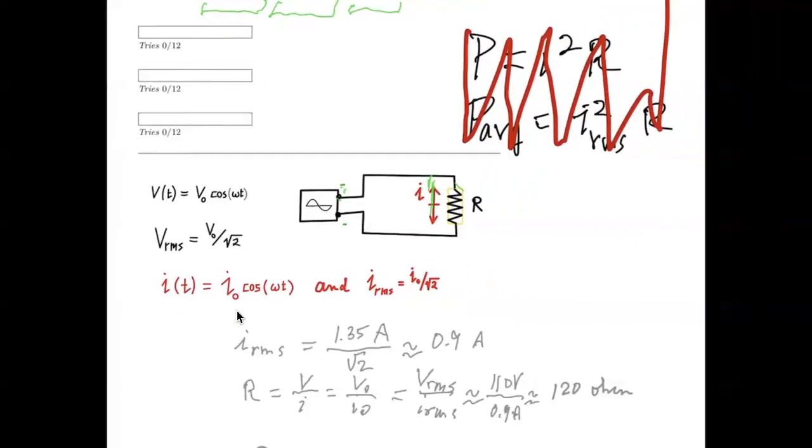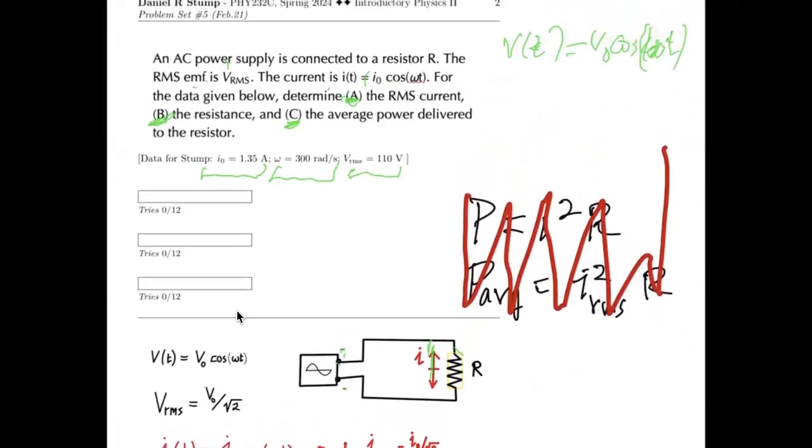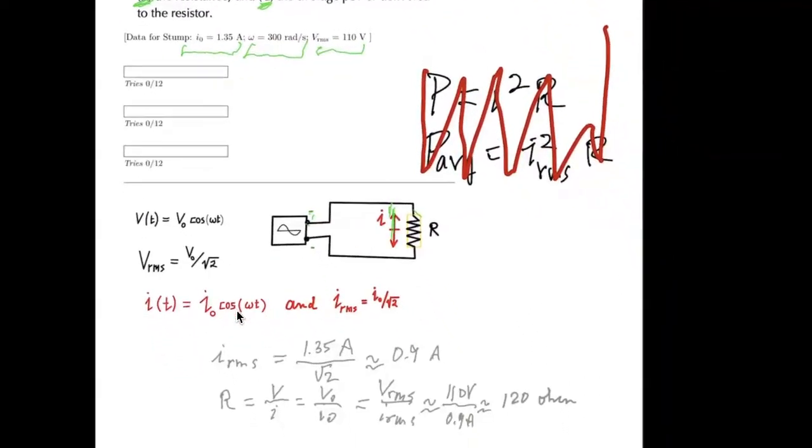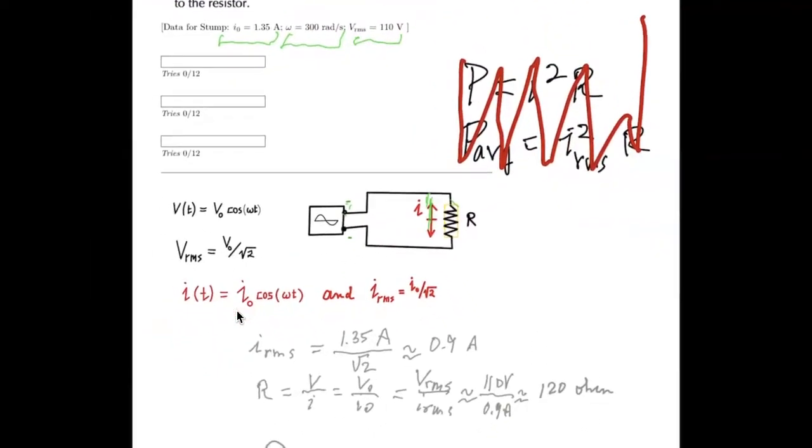Now, what you're given is an AC power supply. So the voltage as a function of time is V0 cosine omega t, where V0 is the amplitude. The RMS voltage is the root mean square voltage. You take the square of this and take the average in time.